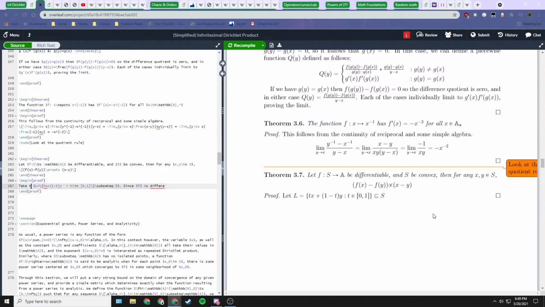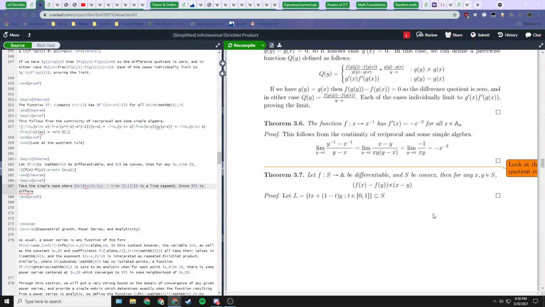So take the simple case where S is just this line segment.